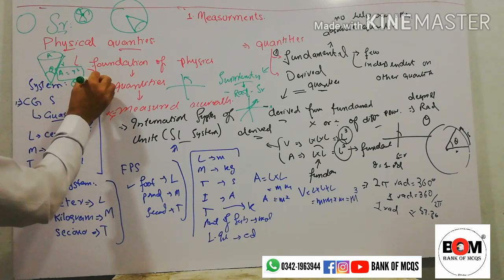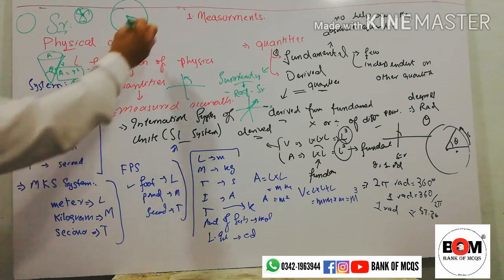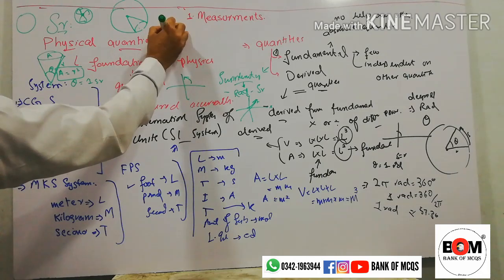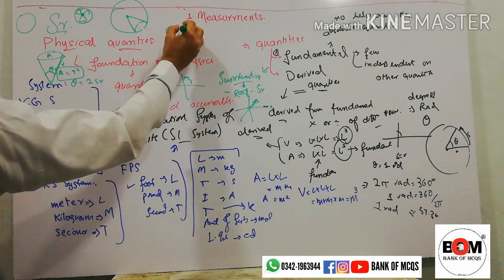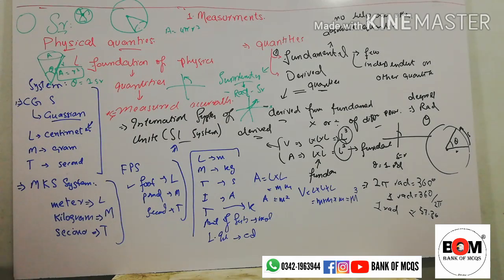So if this area is equal to the square of the radius, then the angle will be equal to 1 steradian. Now we know that the surface area of a closed sphere is equal to 4 pi r square. So according to the definition of steradian, the solid angle subtended by a closed sphere at the center is 4 pi r square divided by r square.